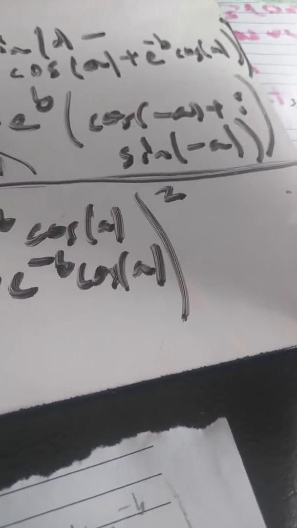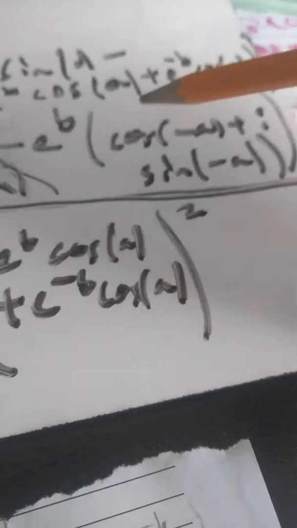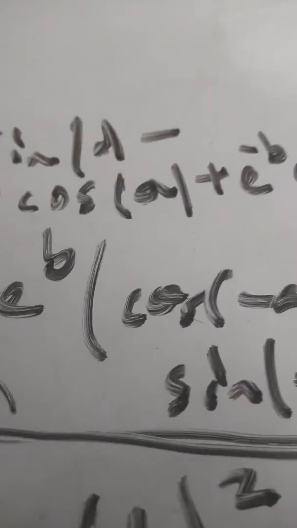And then, what do we have next? Oh, we have minus e to the b. Cosine of negative a is cosine of a. So minus e to the b makes it a bit easier to simplify.